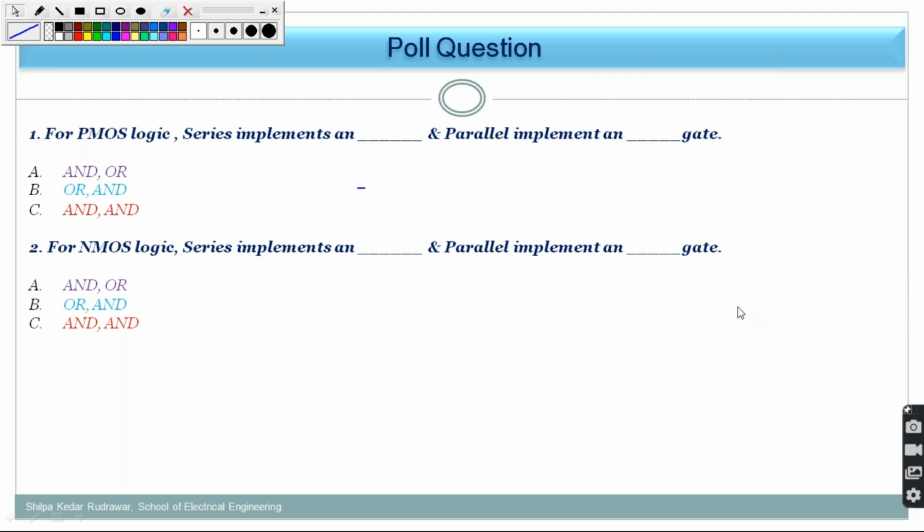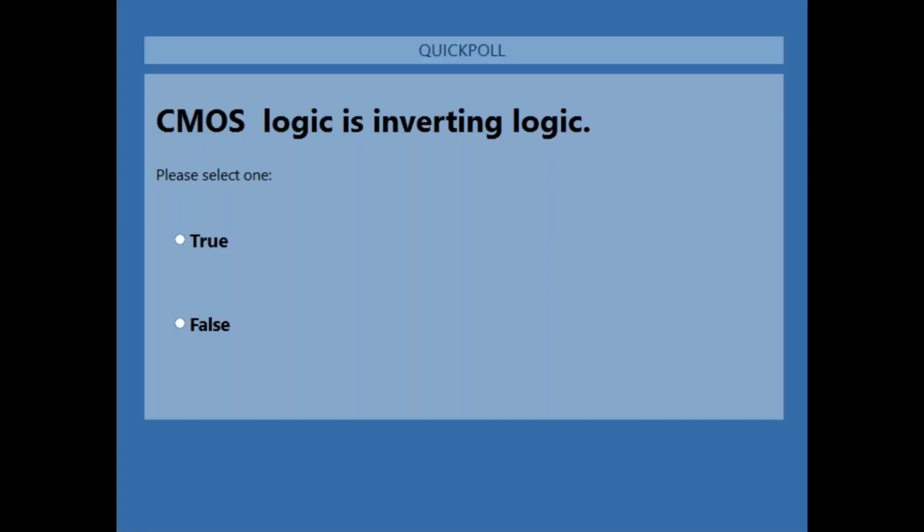Third poll question, that I already told you. How many of you recall the things? Just check. CMOS logic is inverting logic. Do it fast. What is meant by inverting logic? CMOS means PMOS and NMOS, and PMOS should be connected in the pull-up network and NMOS should be connected in the pull-down network.